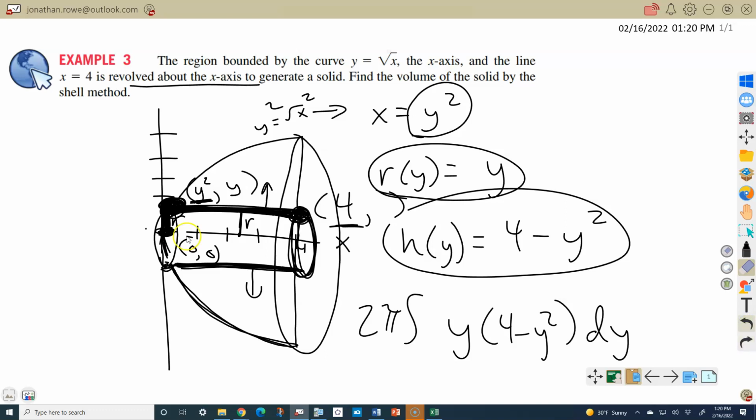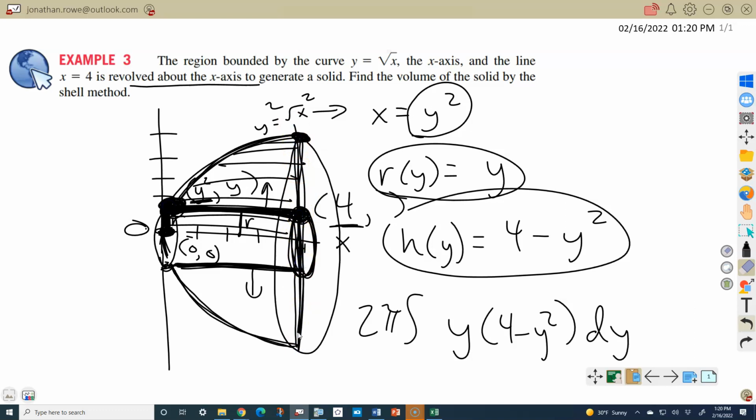In other words, as these cylinders march this way, what are they going from and to on the y-axis? They're starting at 0, and they're going to this point, which I don't really know off the top of my head yet. What I need to do to figure it out is it's where this curve crosses this line.